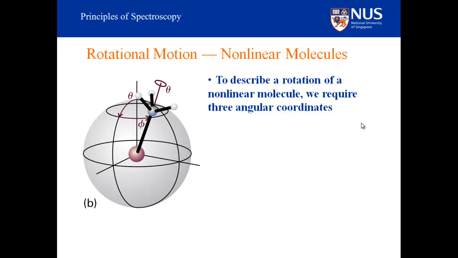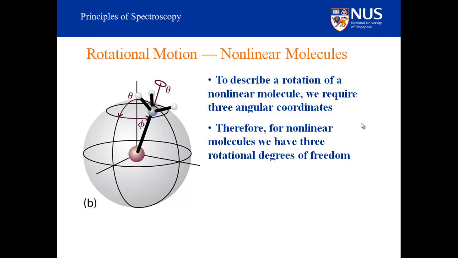In a nonlinear molecule, we require 3 angular coordinates to describe motion. We have the azimuth and colatitude as before, but we also need another angle to describe the molecule's internal rotation. Therefore, for a nonlinear molecule, we have 3 rotational degrees of freedom. This means that for a nonlinear system, the number of vibrations is once again simply the number of degrees of freedom, which is 3n, minus the number of translational and rotational degrees of freedom.